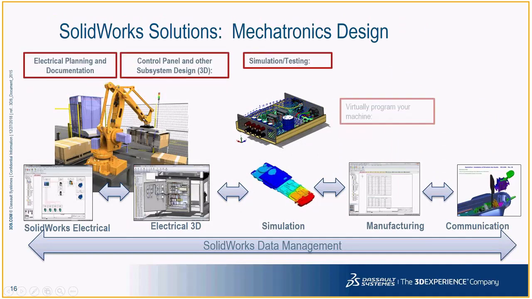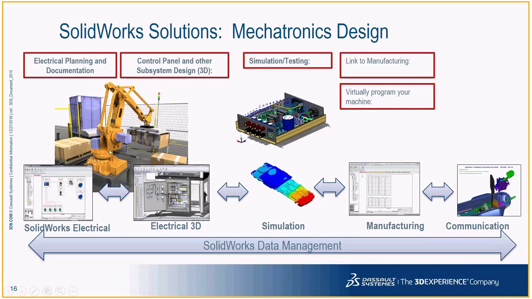So these are the SolidWorks mechatronics solutions. In planning, the first phase is SolidWorks Electrical. We do the electrical schematics, and then planning and documentation can be done. Control panel layout can be done using Electrical 3D, as I have shown in my demonstration.